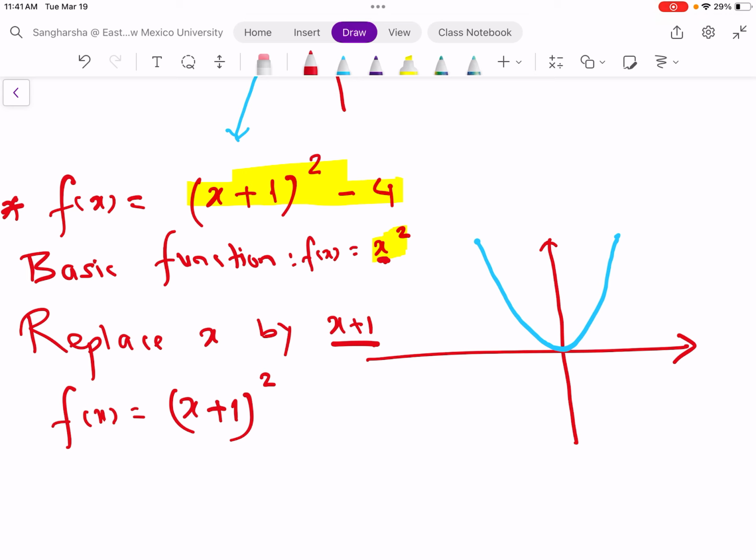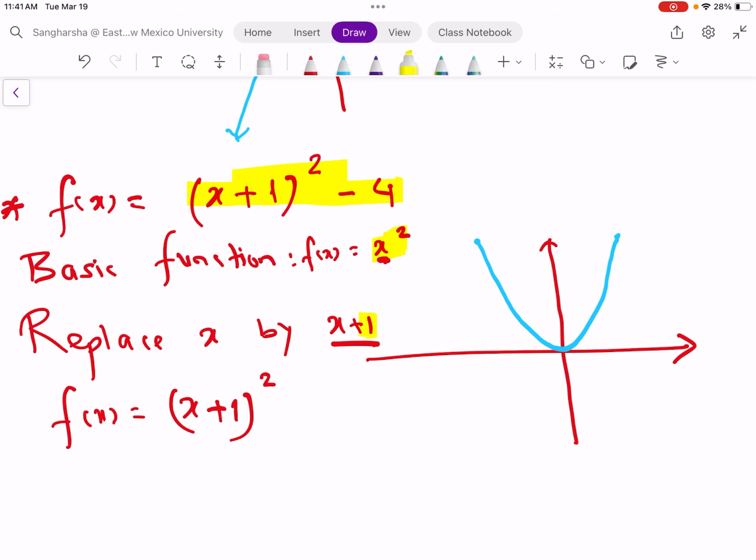It has to change, right? What happens to this graph? We are replacing x of a function by x plus a number. It shifts horizontally or vertically? Horizontally, right or left? Left. By how many units? 1 unit. So this graph is shifted to the left horizontally by 1 unit.